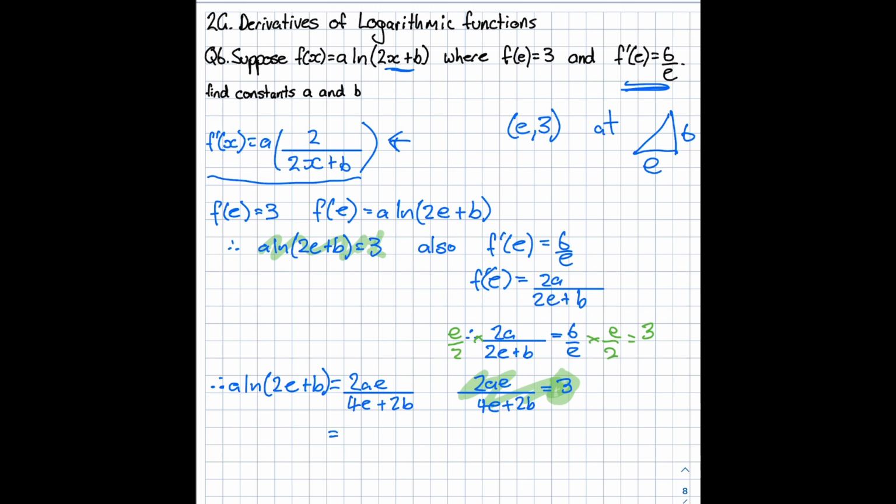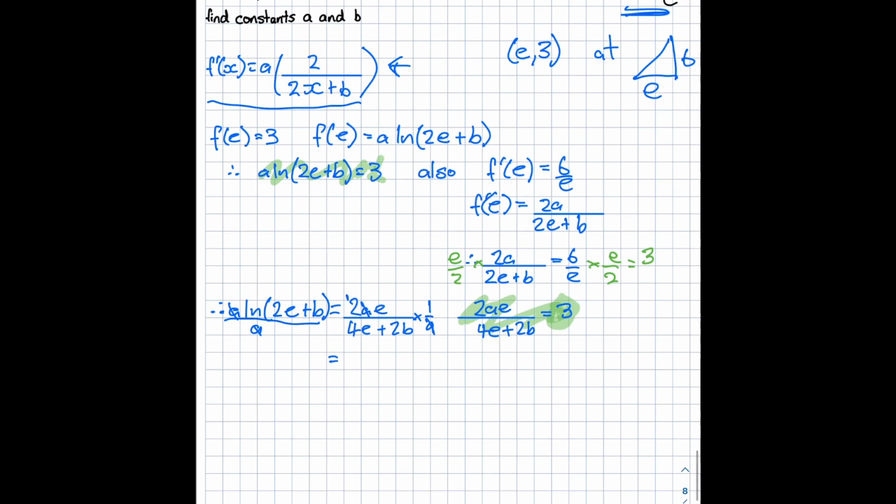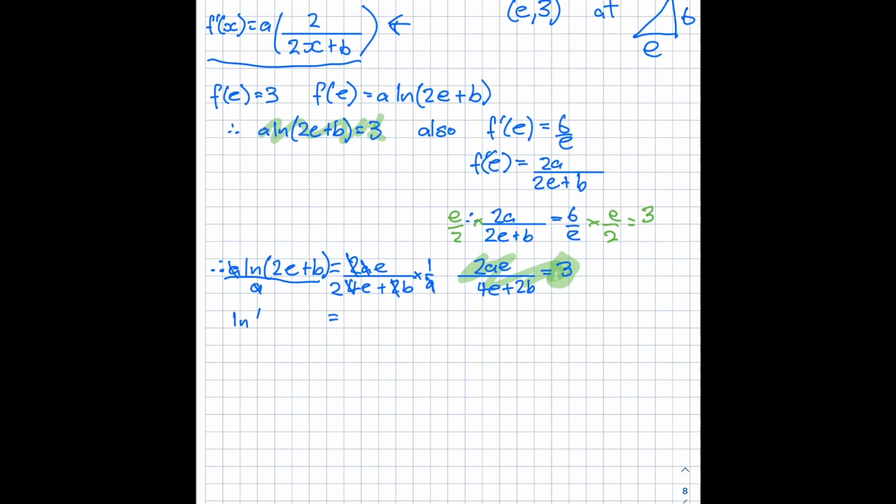All right, so I'm just going to divide both sides by a. So I'm going to divide this side by a and this side by a, so they're going to cancel. And then I've also got a 2 on the top here and a 4 and a 2. So my next line here will be ln 2e plus b equals e over 2e plus b.